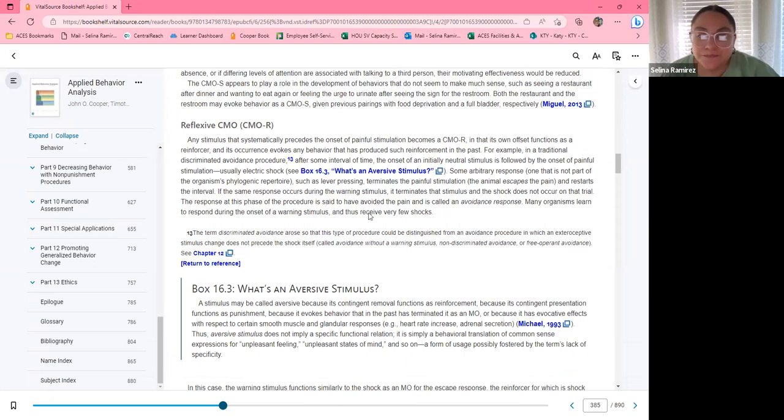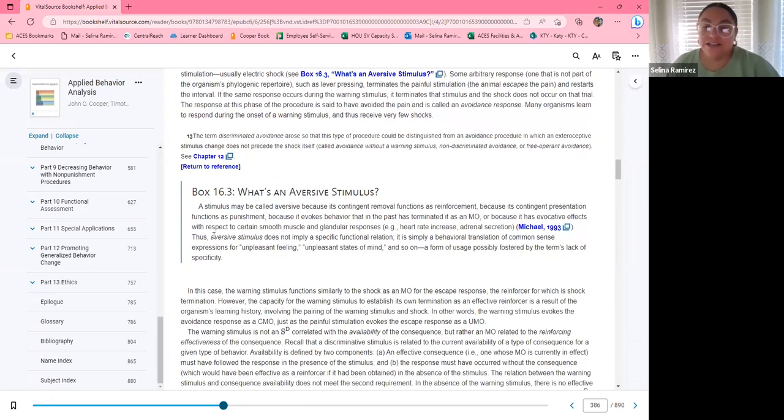Okay. So what is an aversive stimulus? Aversive stimulus, I've never had anybody define it for me, so that's cool. A stimulus may be called aversive because its contingent removal functions as reinforcement. So it's something unwanted, right? I don't like this, and so whenever you take it away, that's the reinforcer, the escape from that unwanted stimulus.